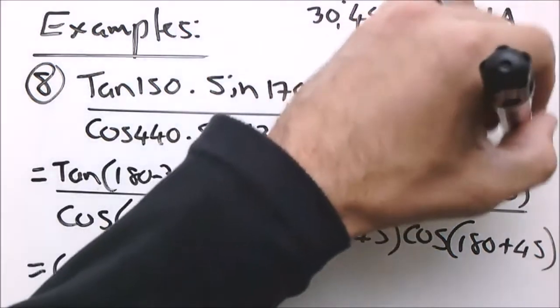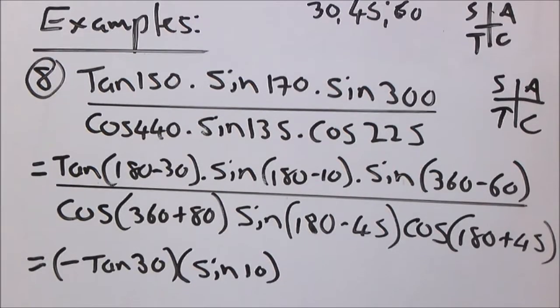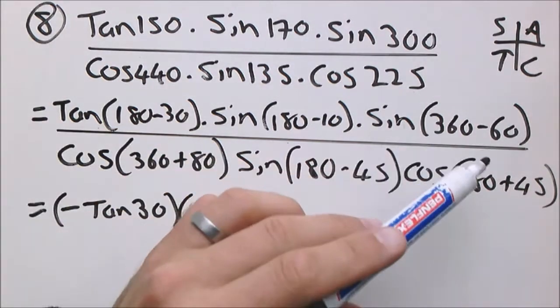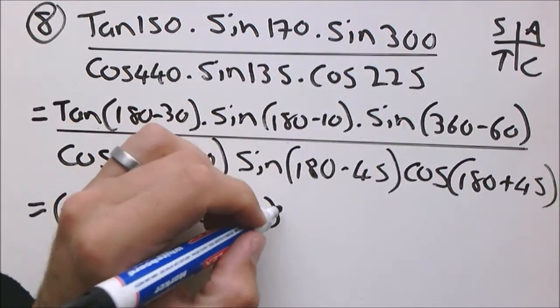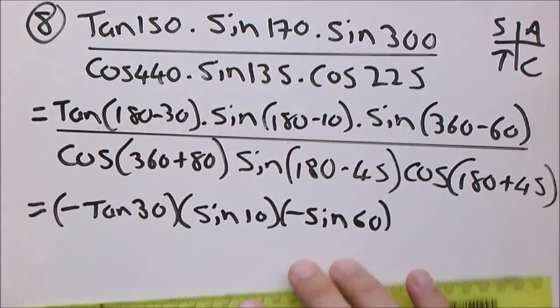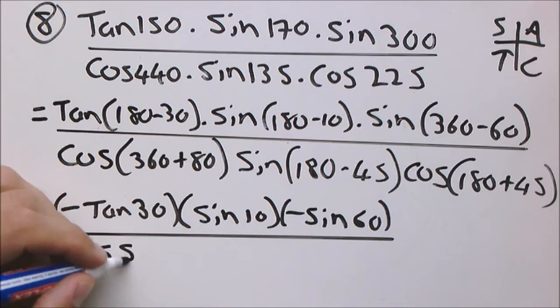I'm just moving our CAST diagram down a little bit so we can have space. Okay, sine 360 minus, it's negative sine 60. Cos 360 plus, it remains the exact same, it's positive, it becomes cos 80.